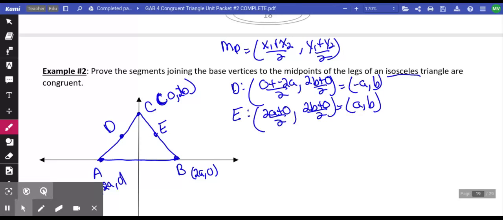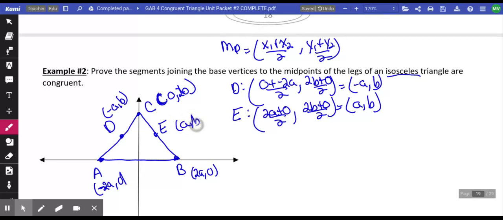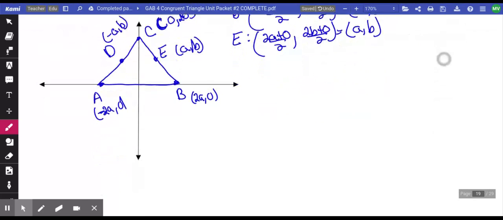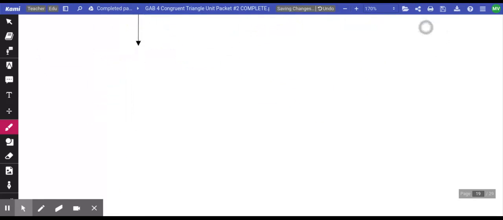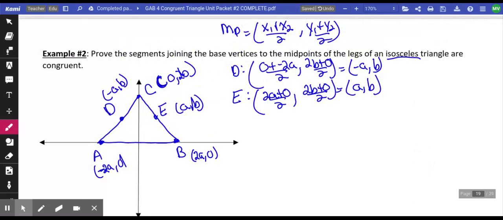Okay, so I found the coordinates of D and E. D is negative A, B, and E is A, B. So now I want to prove that the segments joining the base vertices to the midpoints of the legs of the isosceles triangle are congruent.